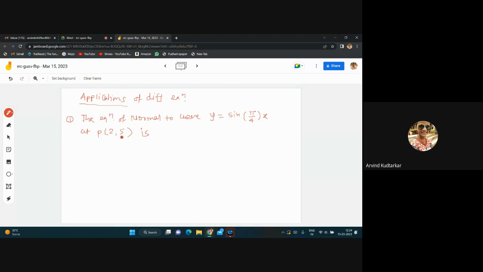So they asked to find the equation of normal to the curve. Okay. So the curve is given, that is y is equal to sine pi by 4 into x.